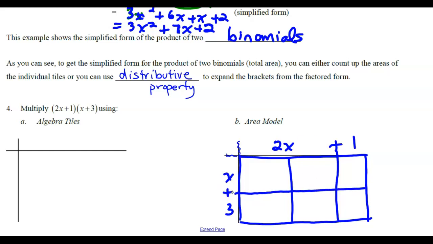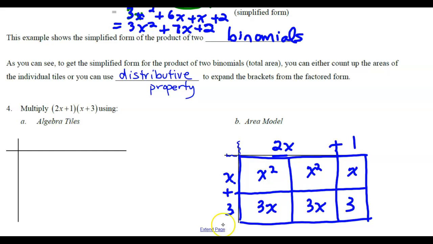square there. These are each x's, so this would be your x squared, this would be x squared, and this would be x times 1 is x. Again, 3 times x is 3x. 3 times another x is 3x. And then 3 times 1 is 3.